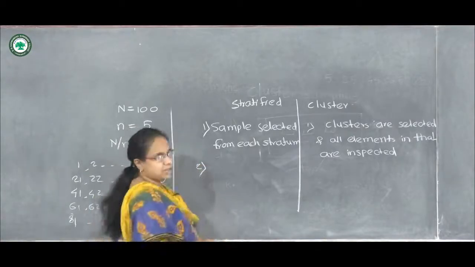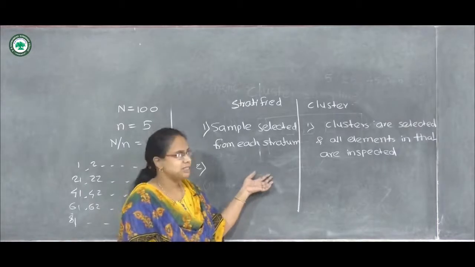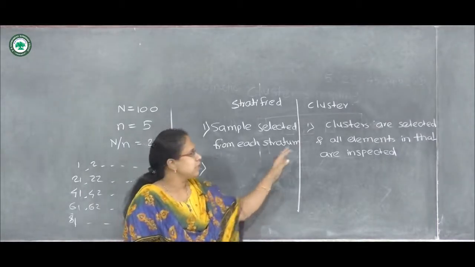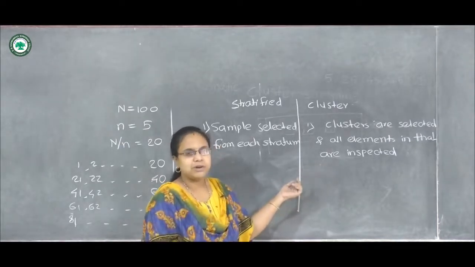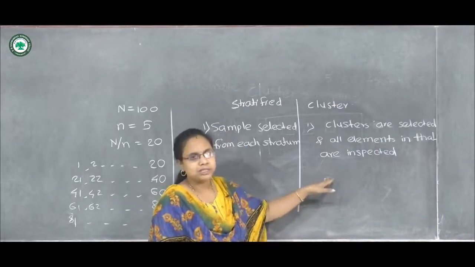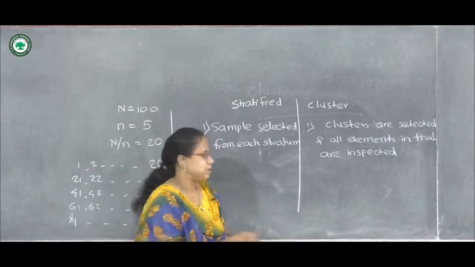The second difference is that in stratified sampling each stratum is represented in our sample, but in cluster sampling some clusters may not be included in our sample. So the units in those clusters are not represented in our sample.